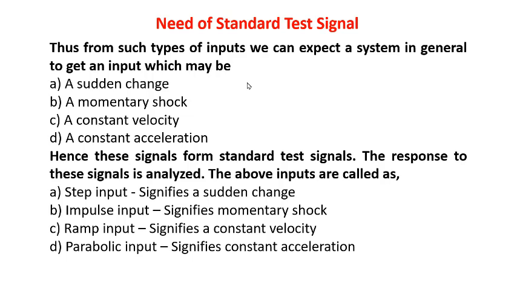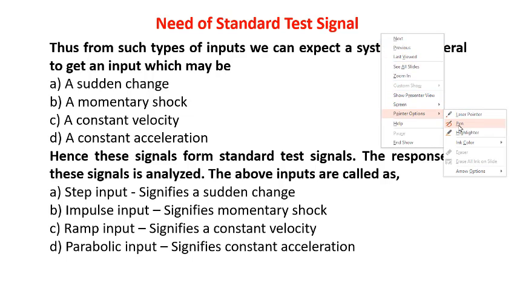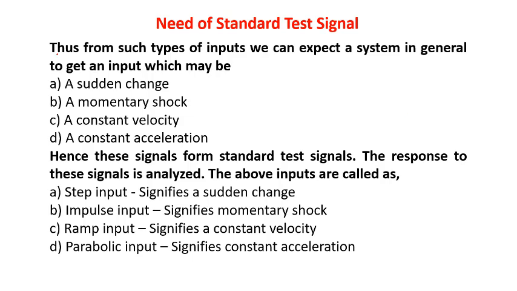Now let's understand the need of a standard test signal. For such types of inputs, we can expect a system in general to get an input which may be a sudden change, a momentary shock, a constant velocity, or maybe a constant acceleration.